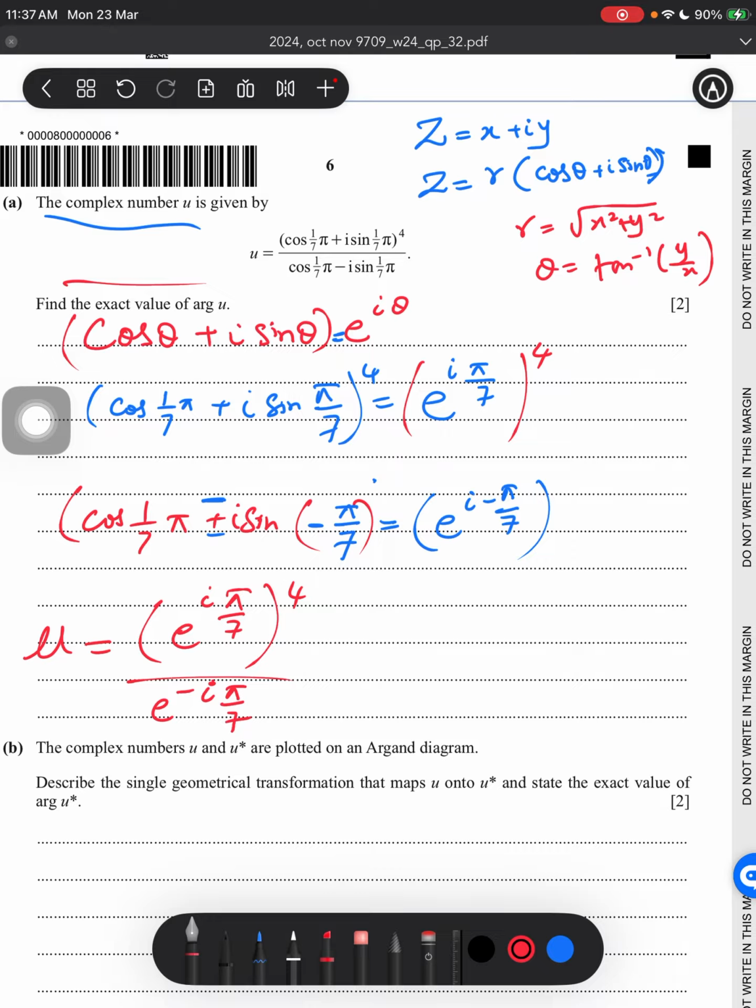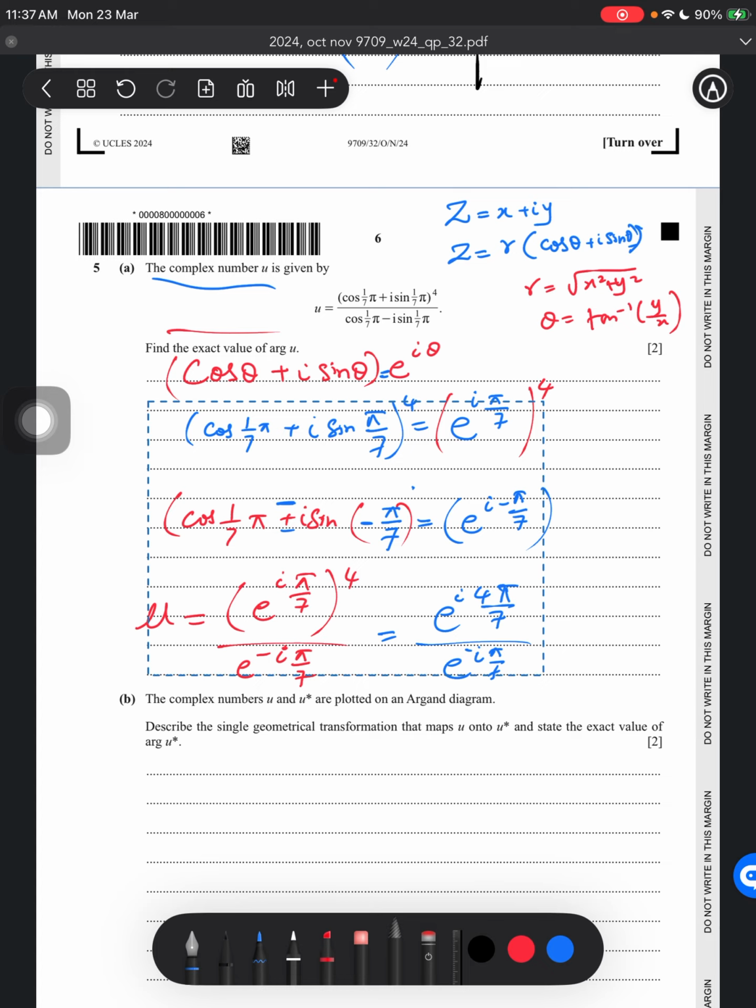If you take the same base, the denominator goes up. Before that, we will simplify the numerator first. We would have e to the i 4 pi by 7, and the denominator would be negative i.